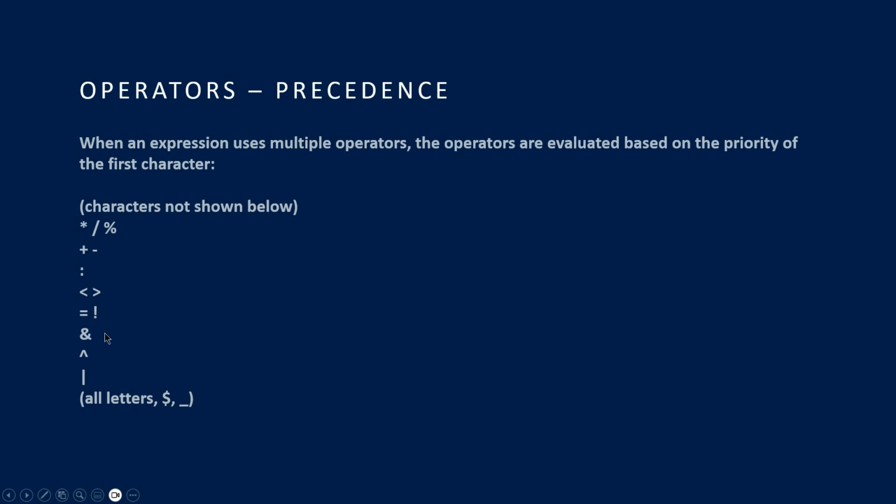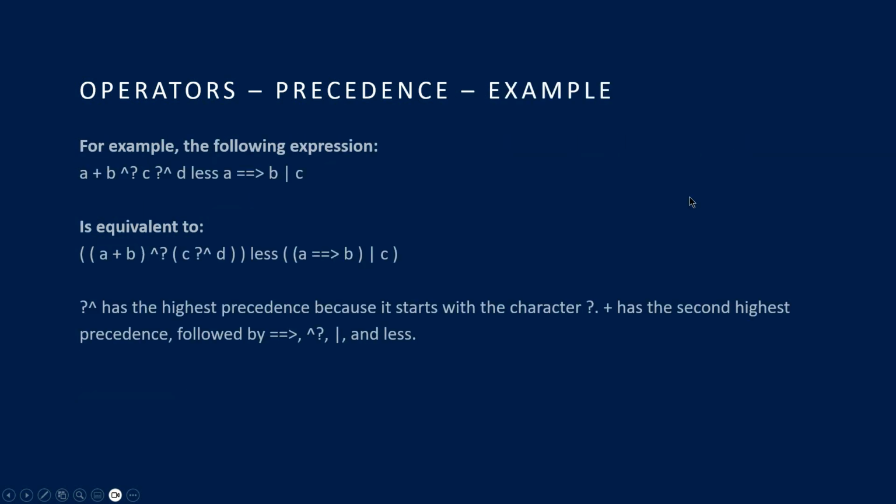So yeah, pretty much the usual order we're used to. And then we've got all letters, dollar, and that underscore symbol. And here's an example.